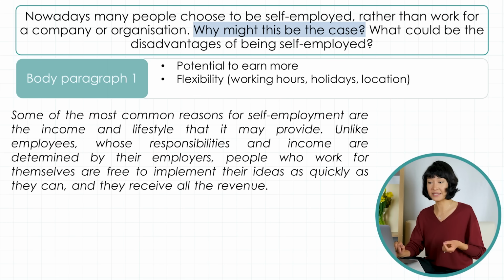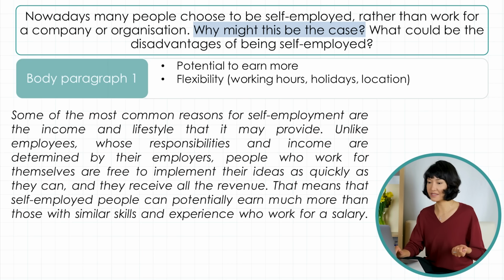Unlike employees, whose responsibilities and income are determined by their employers, people who work for themselves are free to implement their ideas as quickly as they can, and they receive all the revenue. The next sentence explains what that can mean in terms of income. That means that self-employed people can potentially earn much more than those with similar skills and experience who work for a salary.